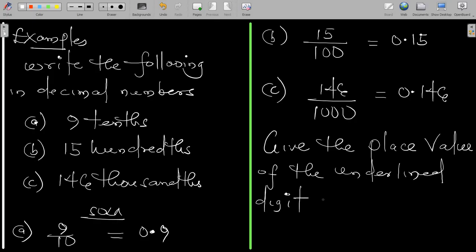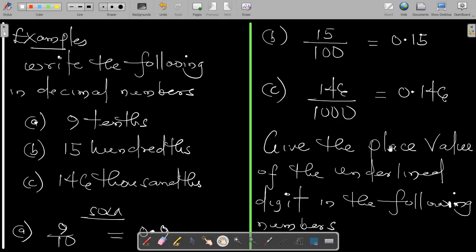Okay, in the following numbers, let me write it out.